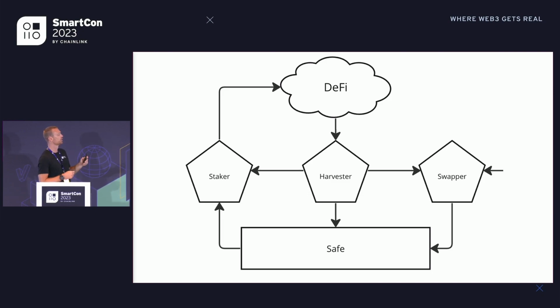You can think of maybe starting at the arrow on the right. Let's say you get paid in a certain token, whatever, USDC, but you prefer DAI. You can configure the swapper to automatically swap USDC to DAI whenever that comes into your safe. From DeFi, you can configure maybe the harvester to harvest a certain gauge once a week or once a month, and then maybe move that over to the swapper.